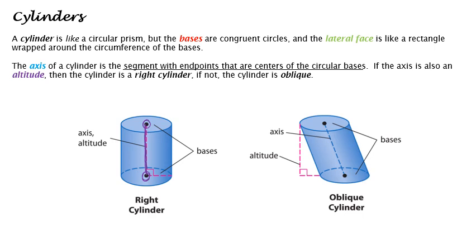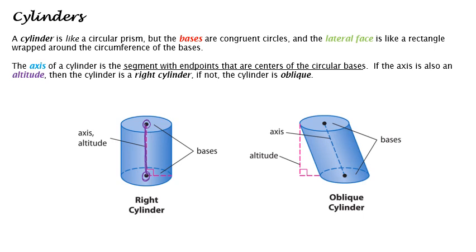Okay, so in a right cylinder, if the axis also represents the altitude, the perpendicular distance between our bases, then that's what we would define as being right. Otherwise, it's just going to be oblique, which just means it's not right. Right, of course, meaning related to each other with a 90-degree angle.